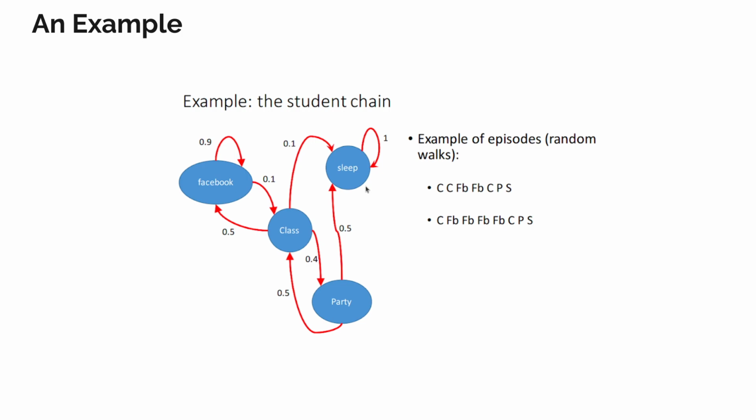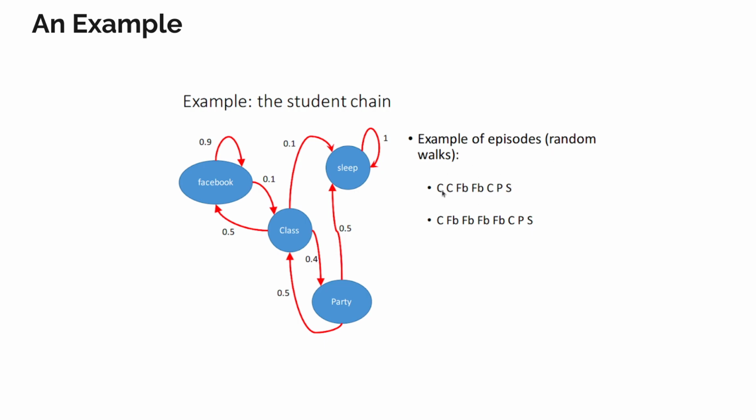This is the student chain, but I don't know how many of you use Facebook now. Generation 3, generation 2 uses Facebook. So this is the student chain, and I'm asking what the reward will be for this state.